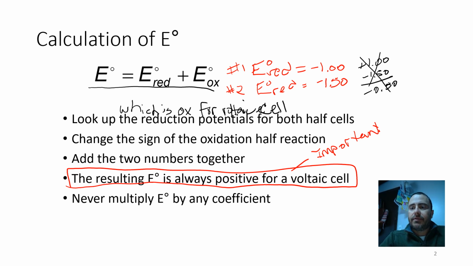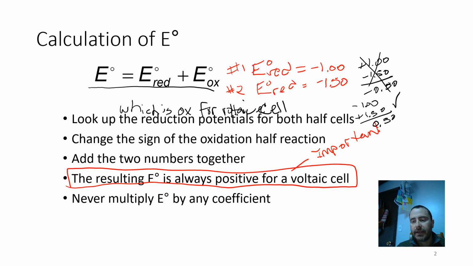Well, that can't be voltaic because it ends up with something negative. So what if I switch the sign of the second one, negative 1.00 plus 1.50, I get plus 0.50. That one makes sense, that one is the one that we can switch the sign of.